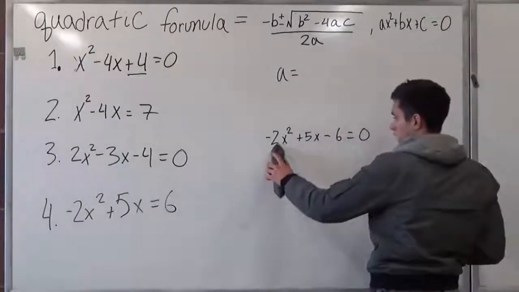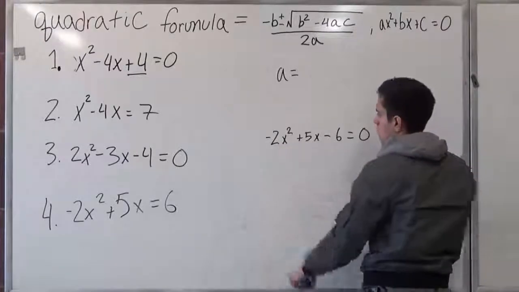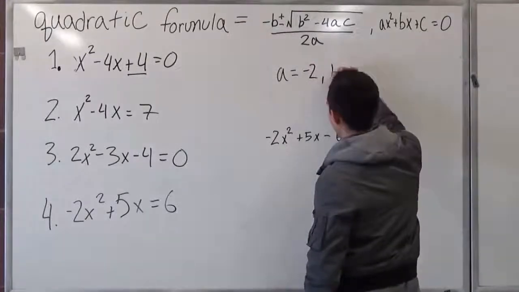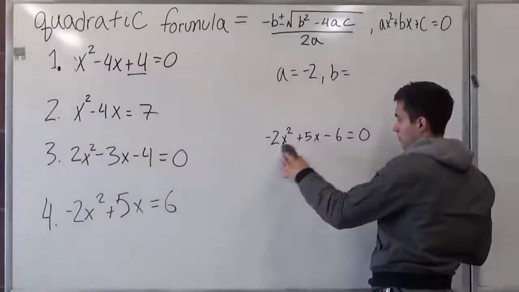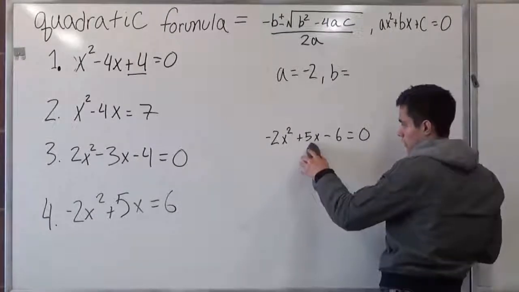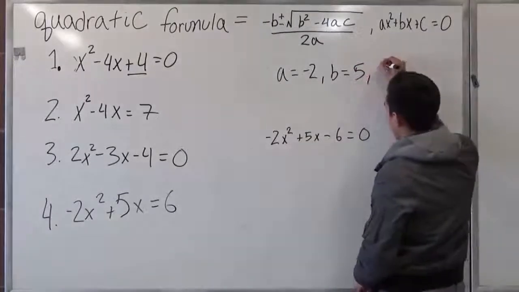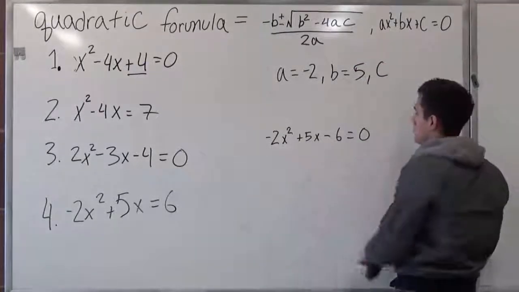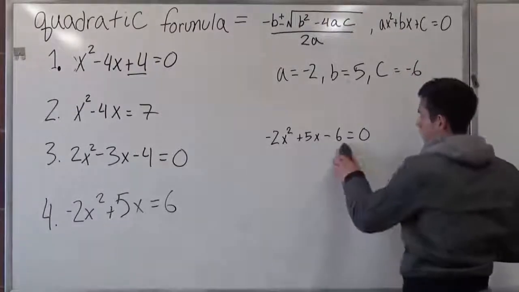A would be equal to negative 2 because the number next to x squared is negative 2. B would be equal to positive 5 because the leading coefficient next to x is 5. And C would just be negative 6 because negative 6 is a constant. It's a constant number with no variable next to it.